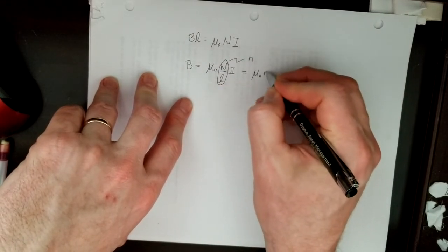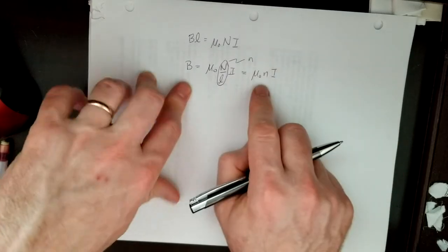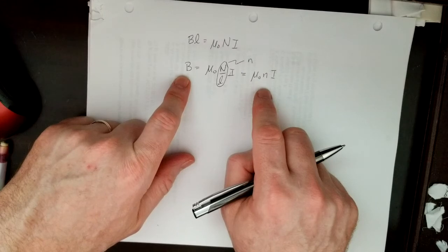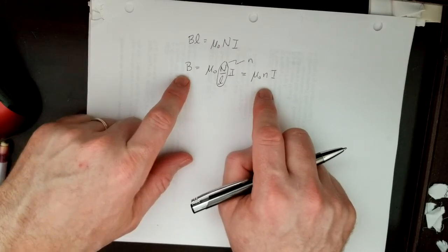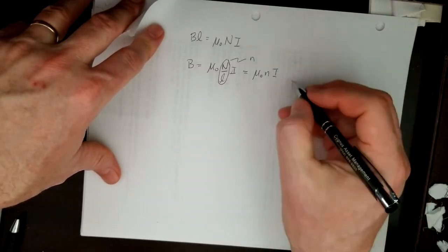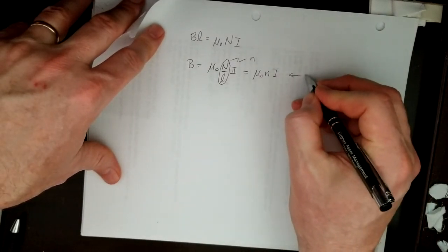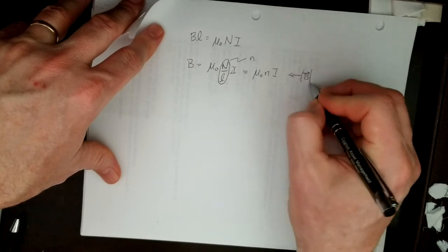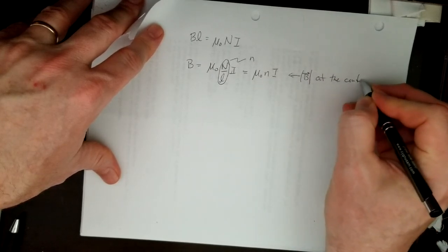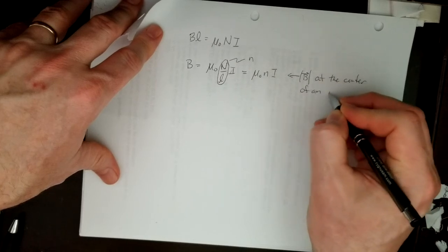So this is B equals mu naught n I. This is the ideal magnetic field at the center of a solenoid. You can go through the complex calculations to find out what it actually is for a finite length and so on, but this is the magnitude of the magnetic field at the center of an ideal solenoid.